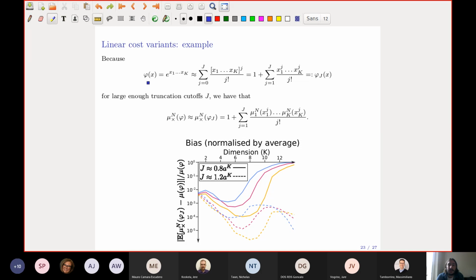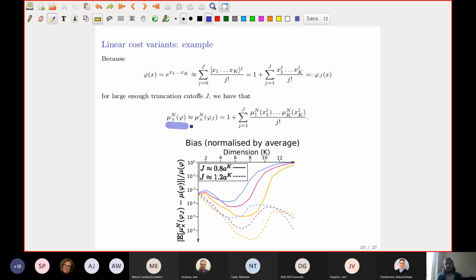Okay, so in this case, it's very easy to come up with such an approximation. You take the exponential function, you take its series definition, and you truncate that at the jth plus 1 term. And then you use that as your sum of products approximation. And if we pick a large enough truncation cutoff, these two things are close.